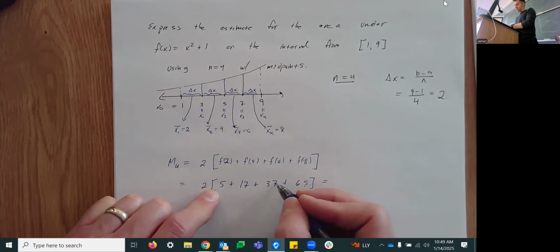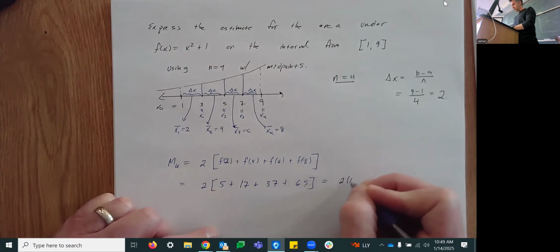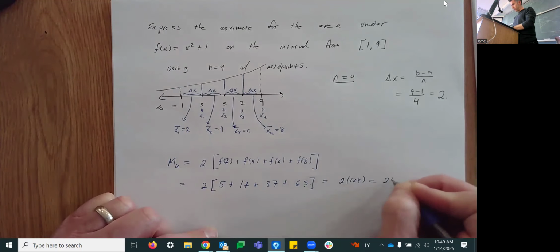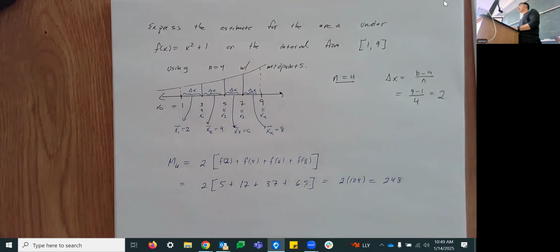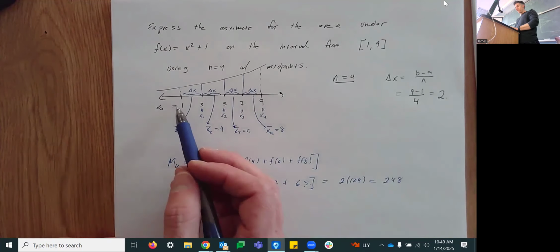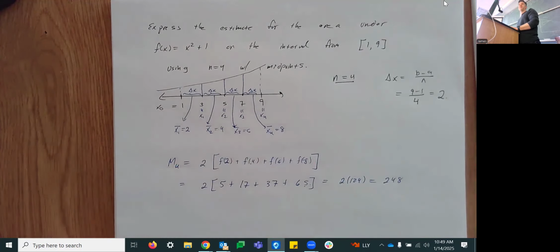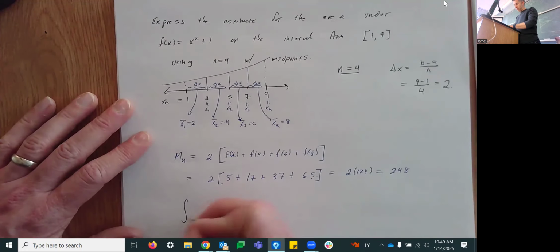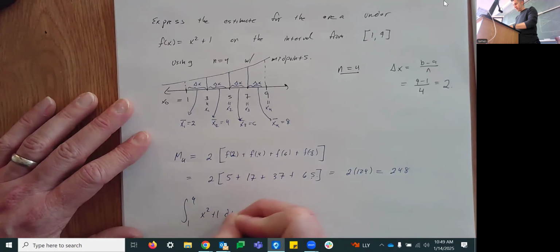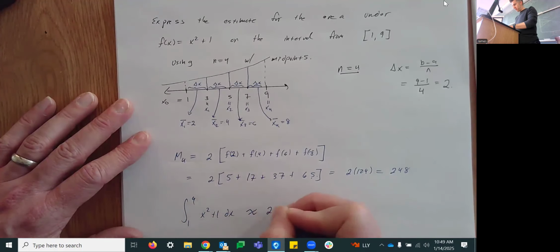Yeah, 124. So 2 times 124, which is 248. So that would be our estimate of the area under this curve from 1 to 9. So we're saying that the integral from 1 to 9 of x squared plus 1 dx is approximately 248.